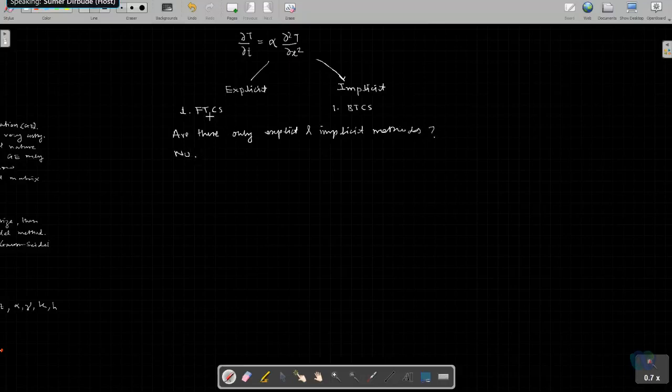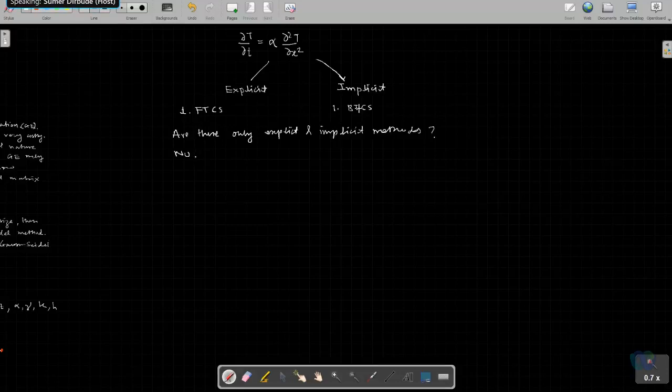It is possible to make it FT or some other different system. Maybe CTCS, central in time and central in space. Likewise, there can be variants of other methods available.